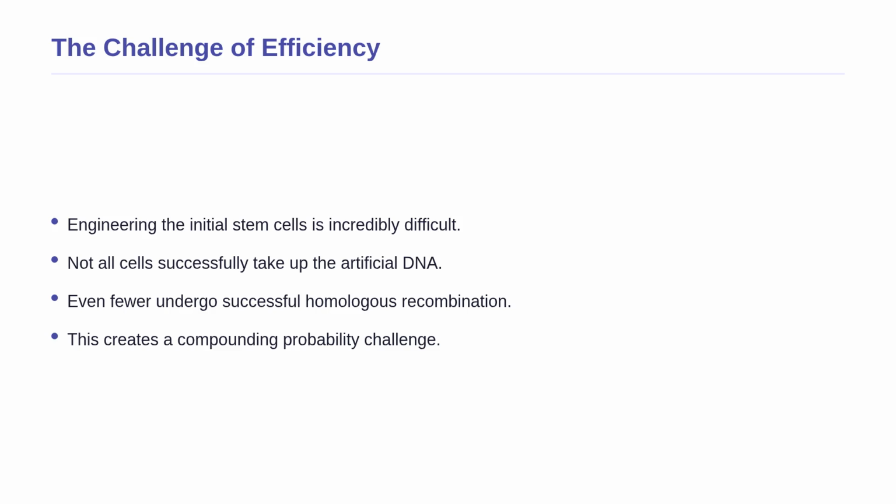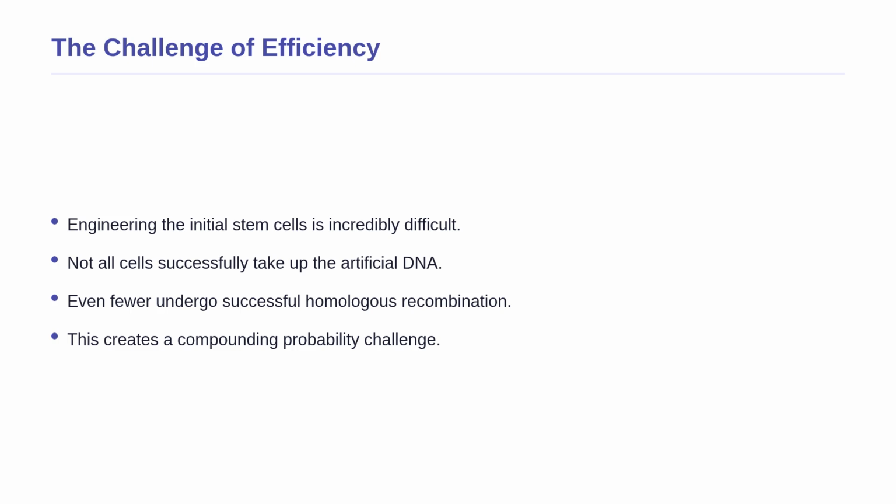While breeding is the final step, we must also understand the immense difficulty of the very first step, engineering the cells. During the initial stage of creating a knockout mouse, scientists introduce artificial DNA into millions of embryonic stem cells. However, this biological process is incredibly difficult to achieve.